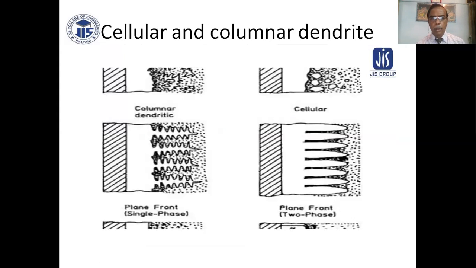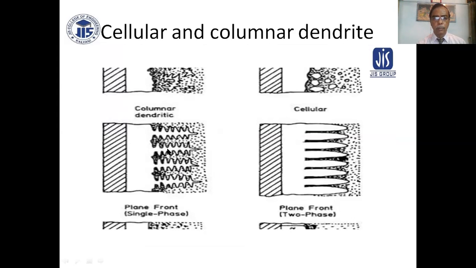This is cellular and columnar dendrite. For the columnar dendrite, the phase front is a single phase, and this is the cellular phase, with two phases at the cellular front.